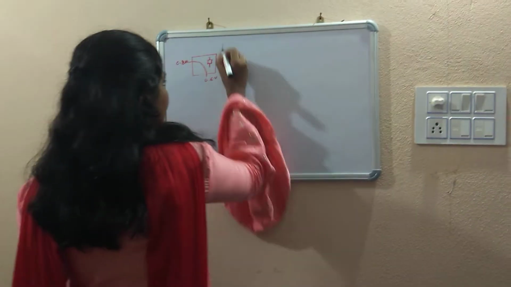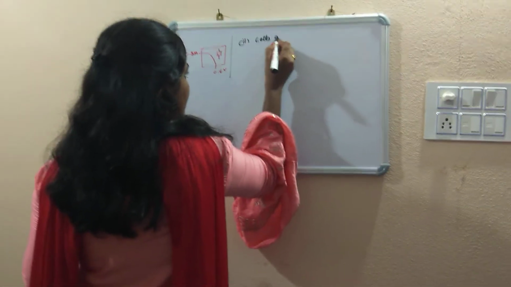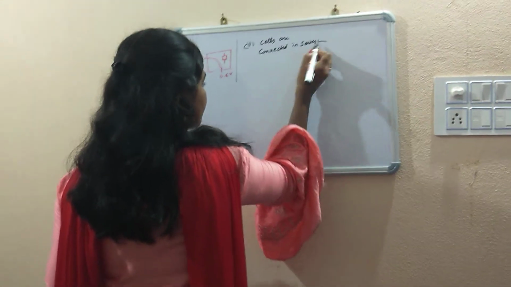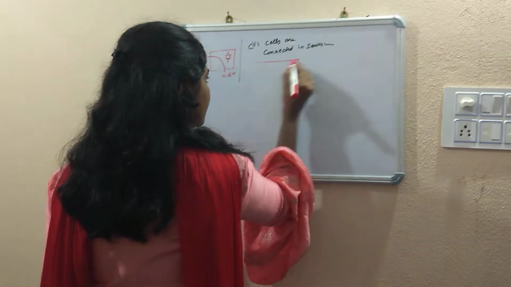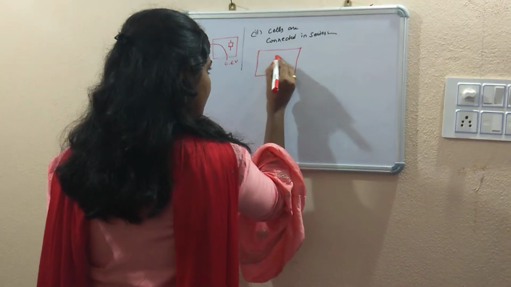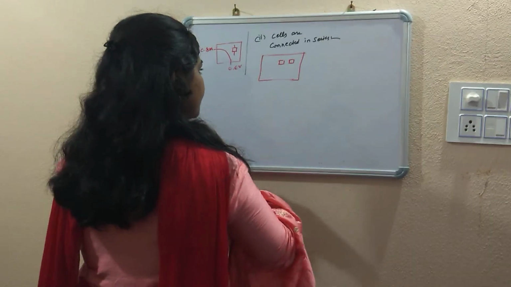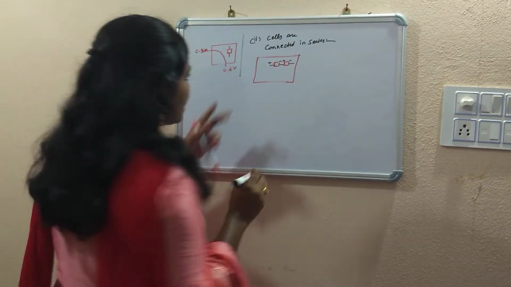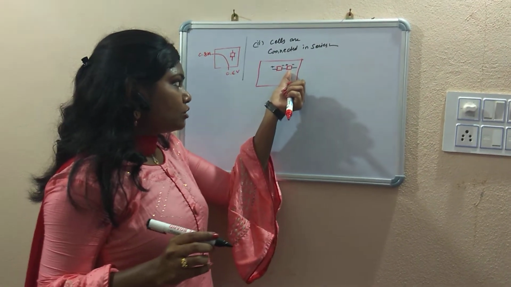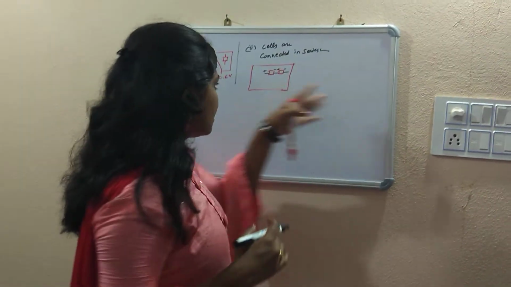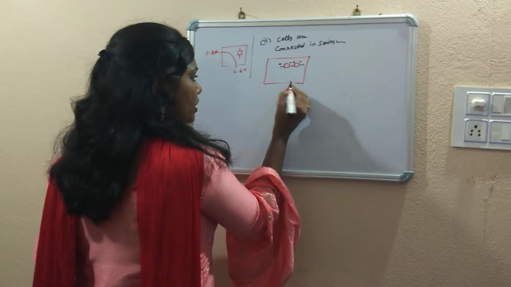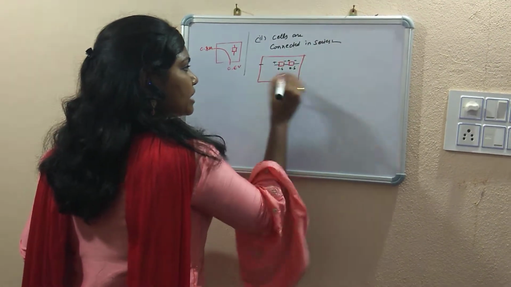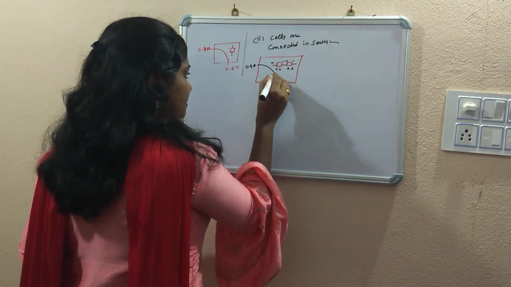When cells are connected in series, the minus terminal is connected to the plus terminal, and so on. In series connection, voltage is added, 0.6 plus 0.6, that means 1.2 volts. Current remains the same, 0.8 amperes.